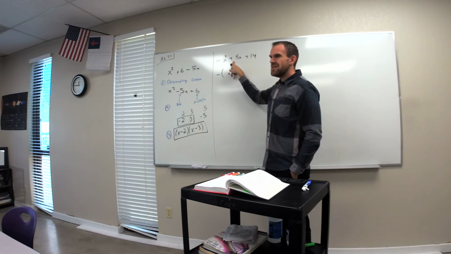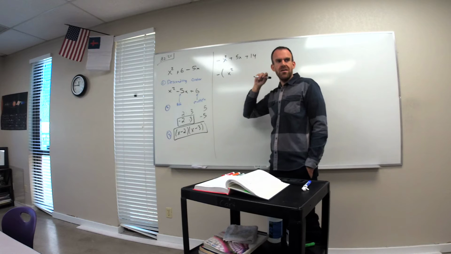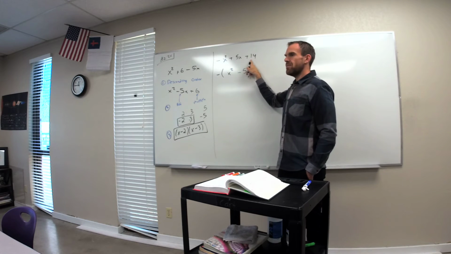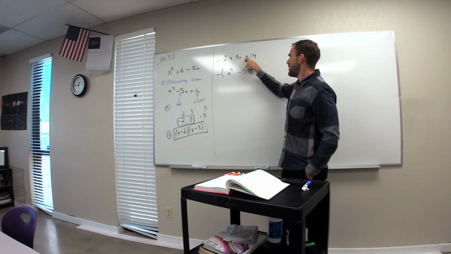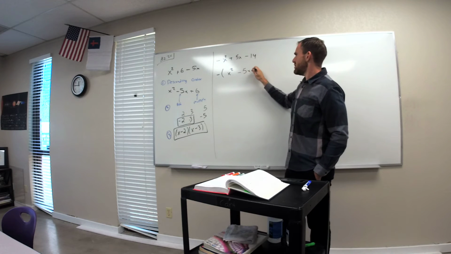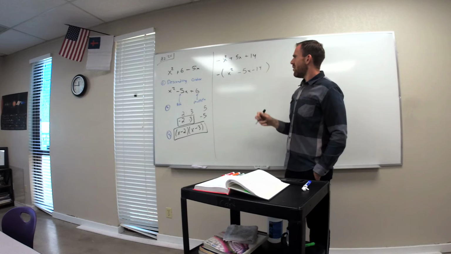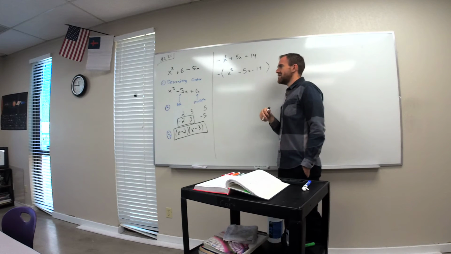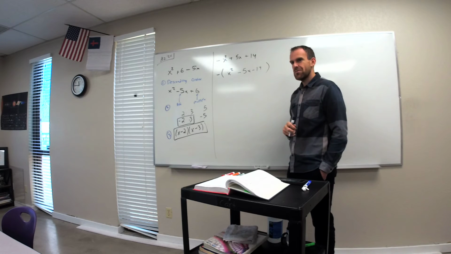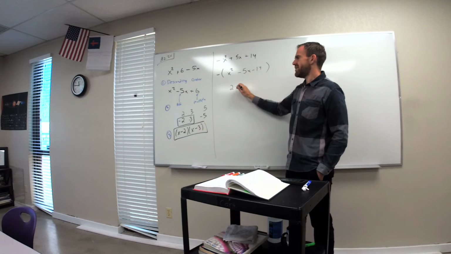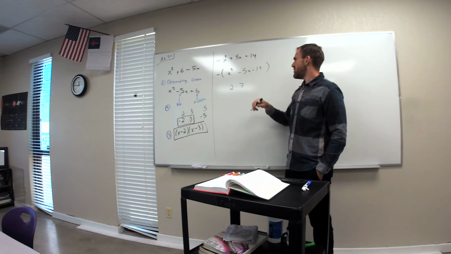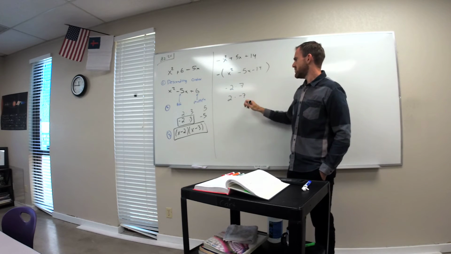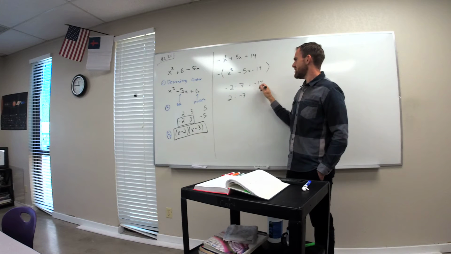If I factor out a minus from positive 5x, what am I left with? -5x. If I take out a negative from 14, I get -14, right? Now I'm looking for two numbers that multiply to make -14 and add to make -5. What numbers multiply to make 14? 2 and 7. But that doesn't make -14, so either the 2 has to be negative or the 7.